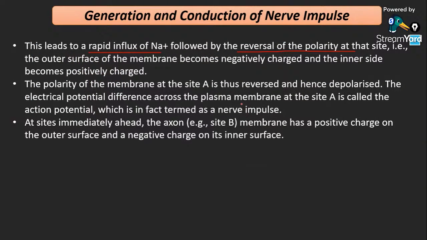The polarity of site A is thus reversed, and that process you call depolarized. The electric potential difference across the plasma membrane at site A is called the action potential, which is termed a nerve impulse.